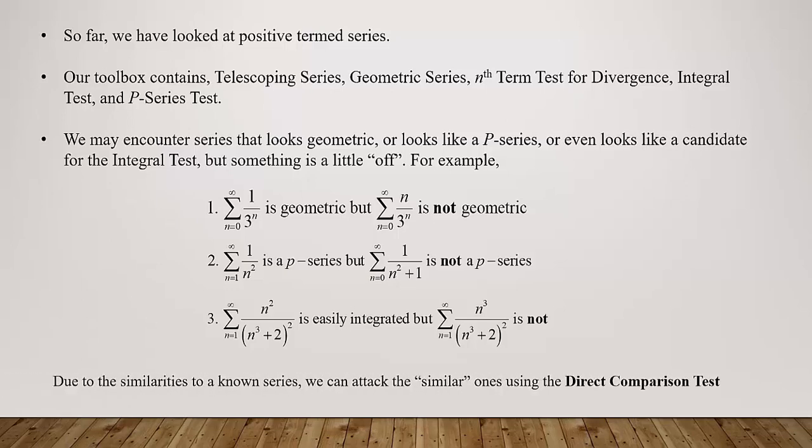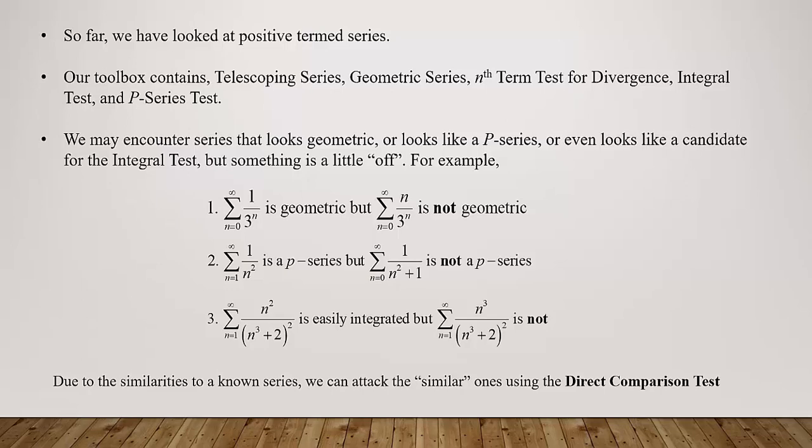But now, due to the similarities to a known series, n over 3 to the n is similar to the geometric series 1 over 3 to the n. 1 over n squared plus 1 is similar to the p-series 1 over n squared. n cubed over n cubed plus 2, squared, is similar to n squared over n cubed plus 2, squared.